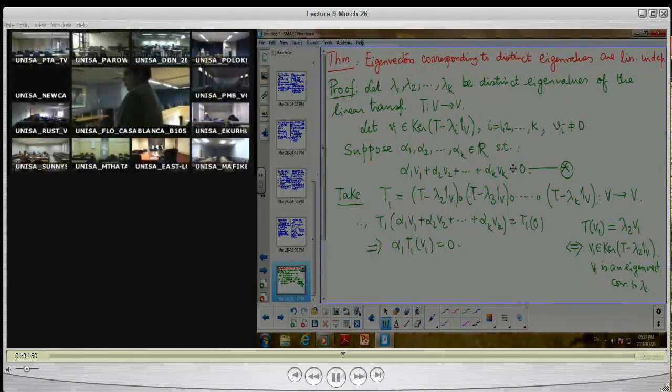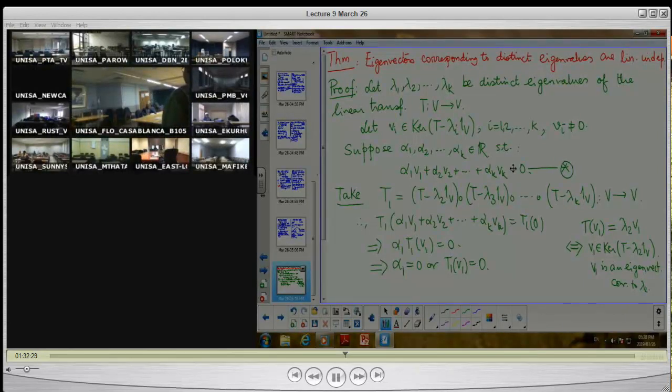But you have something like this. Now let's see what T1 is. This is a vector and this is a scalar. So this means that alpha 1 is equal to 0, or T1 of V1 is equal to 0. But T1 of V1 equal to 0 means V1 is an eigenvector corresponding to lambda 2 or lambda 3 or lambda k, right? So this is never true. Therefore, alpha 1 is equal to 0.